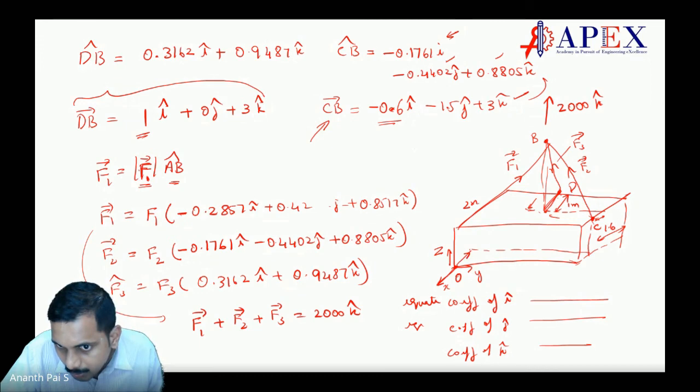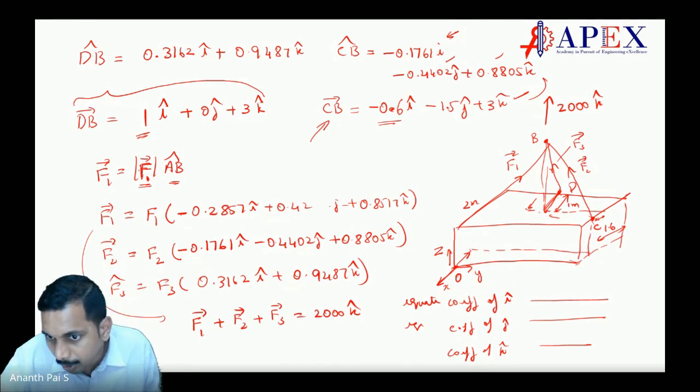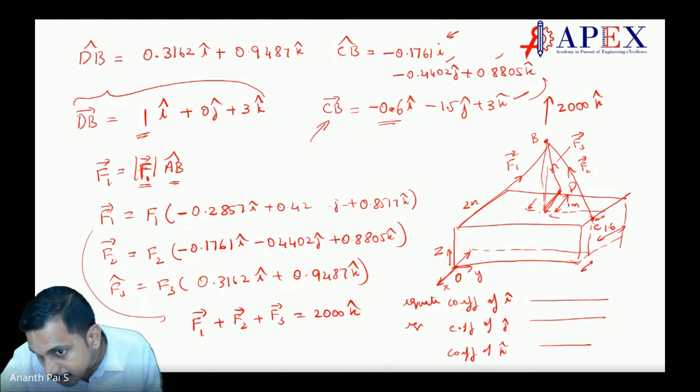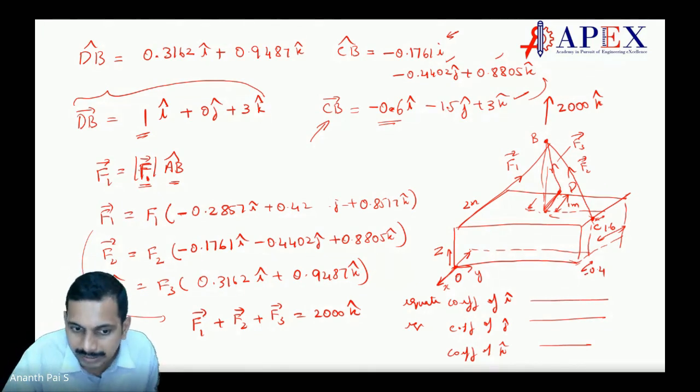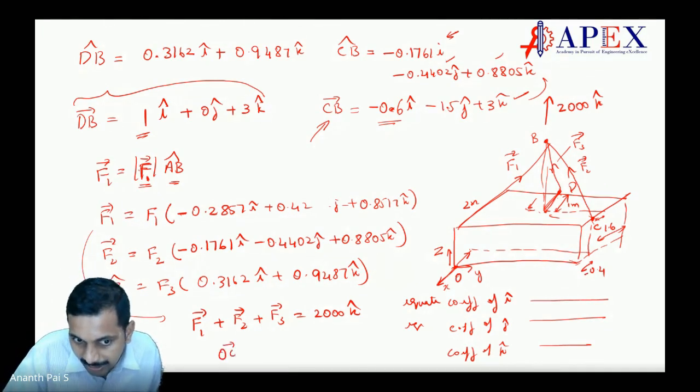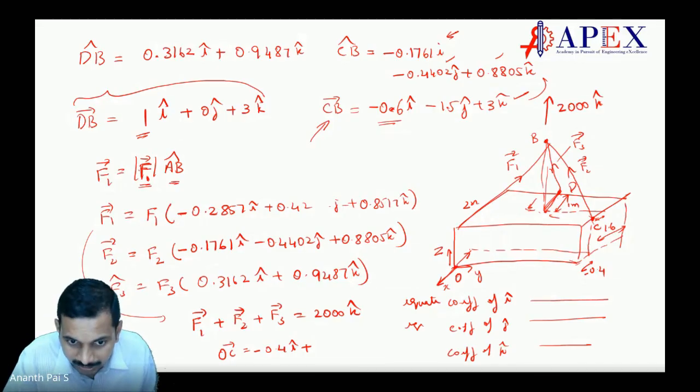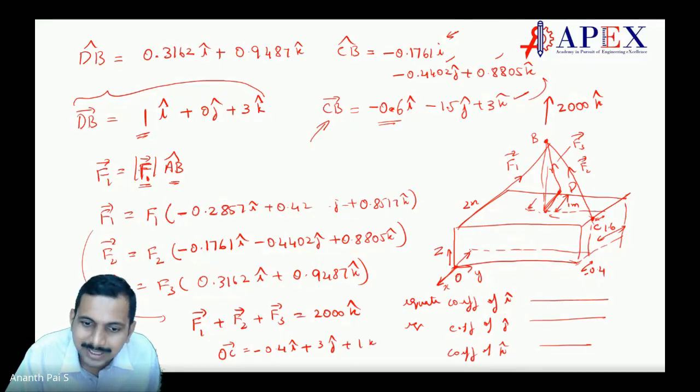I must go in the negative direction, by minus 0.4. Correct? Yes, sir. So we get OC equal to negative 0.4i plus 3j plus 1k.